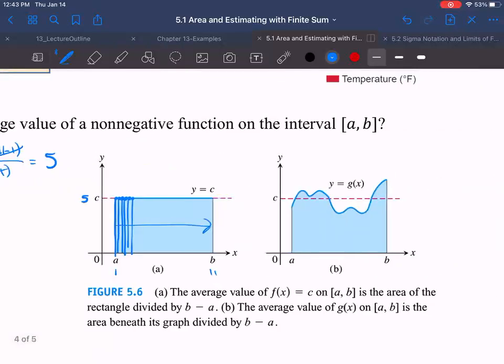But what about here? What if you look at that next picture B? Would that still work, this same idea? And the answer is yes.